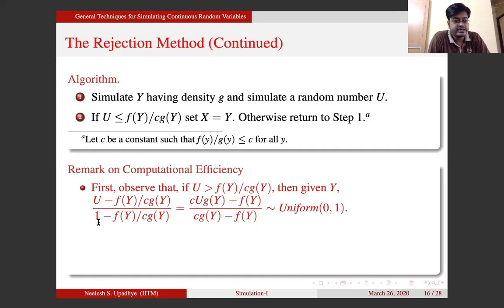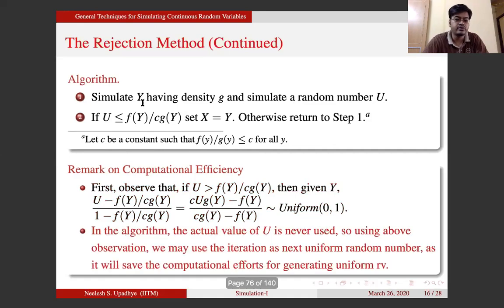Now this generated random variable you can use in your next iteration to simulate the next criterion. So in the next iteration, you may have to simulate only Y without simulating U. So that will save some steps in the iteration. That is what is written here.